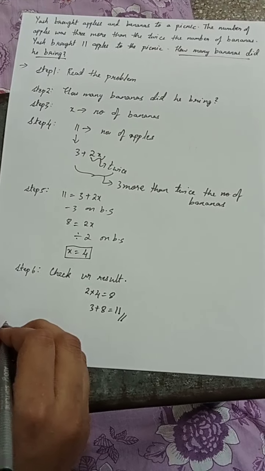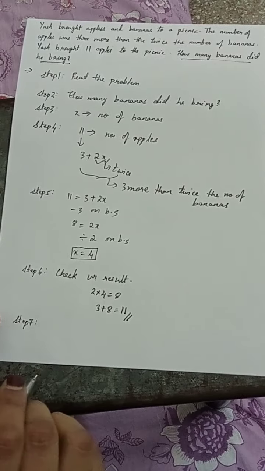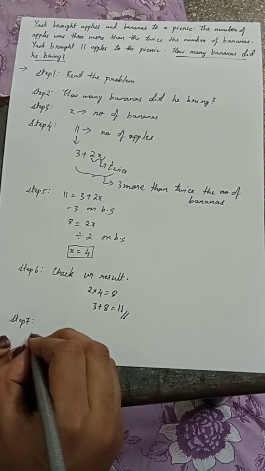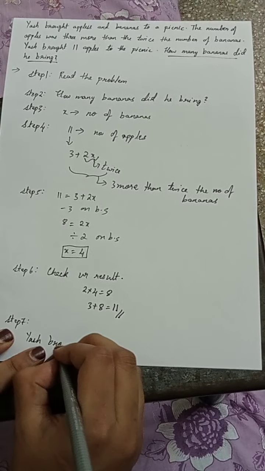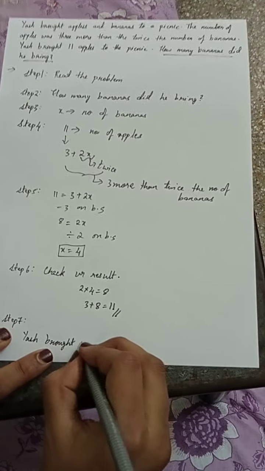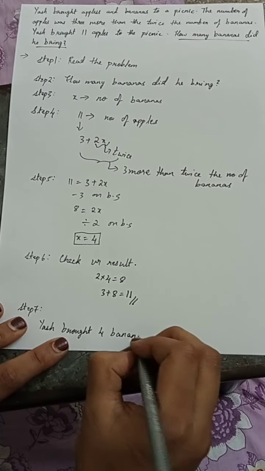Now in the strategy there is step 7, that is you'll conclude your result, and the conclusion of the result is Yash brought 4 bananas to the picnic.